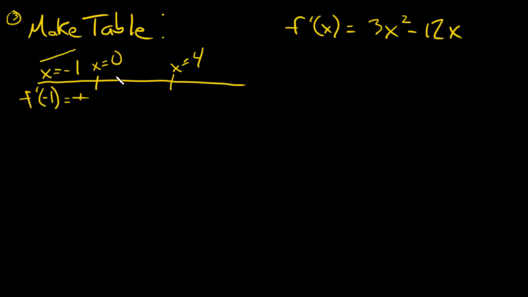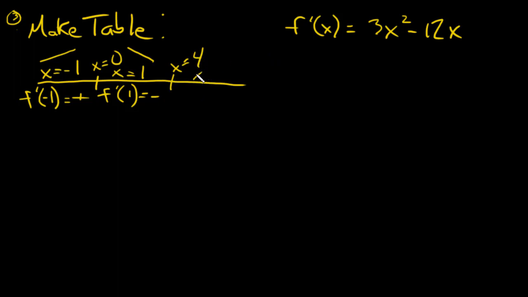Okay, next thing, I need a value between 0 and 4. How about x equals +1? Alrighty, we use the same logic over here. This has become a +1 times 3 is +3, but now I'm going to be doing minus 12 times +1. So this is going to be 3 minus 12, which is negative, which means I'm going to have a behavior where the slope is going down in this interval. And finally, I'm going to need a test value greater than 4.